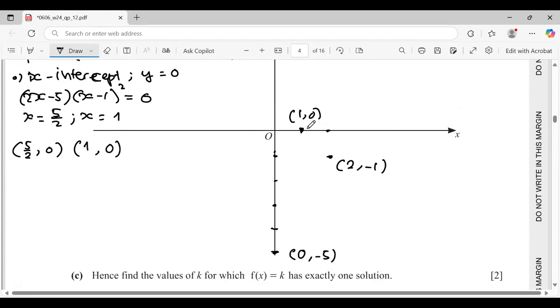1 comma 0 is already there, and next this is 2.5, so it means 2.5 here. So this is the coordinate point 5 over 2 comma 0 that we sketch.